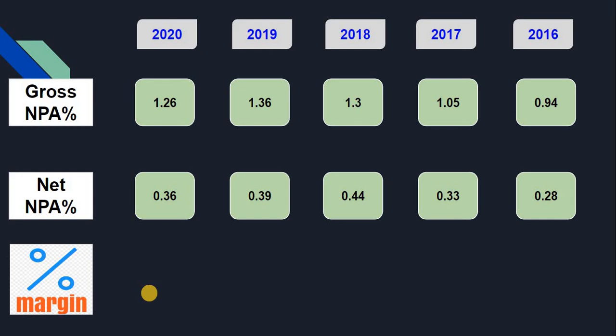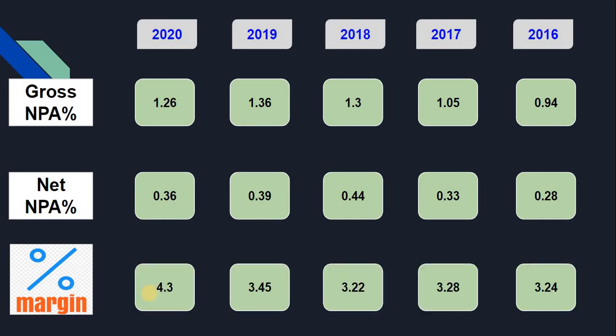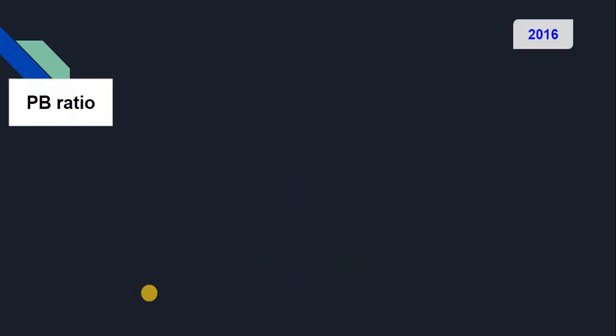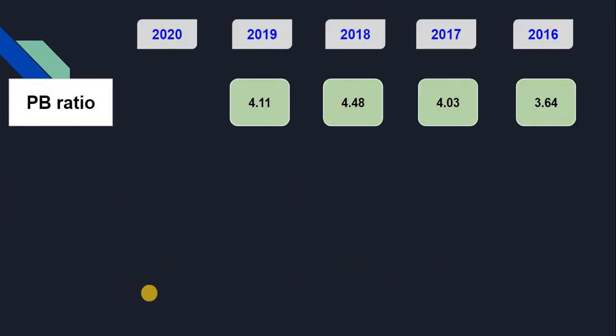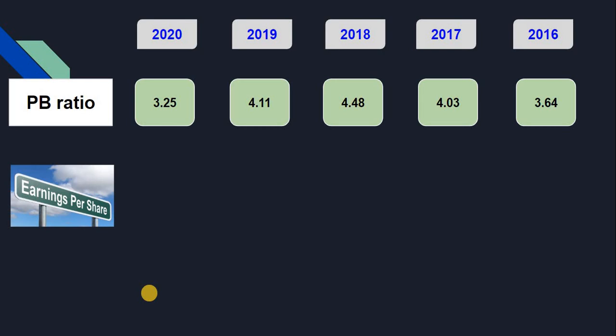We can see a gradual reduction in NPA for the past 4 years, and the net interest margin is 4.3 when compared to 3.45 percentage. It's in good shape. They have a good interest margin. And the PB ratio is 3.25, which is also good.